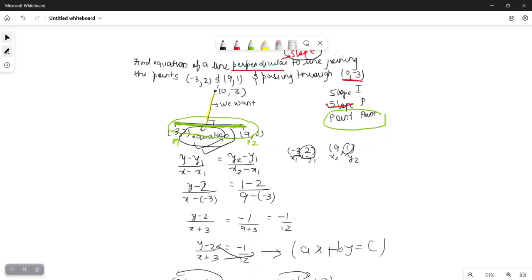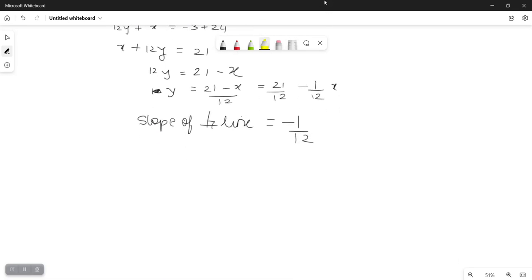Okay, now our aim has to be, as expected, to find the slope of the required line. This is our required line, marked in yellow. Now it's very easy to find the slope of the required line.